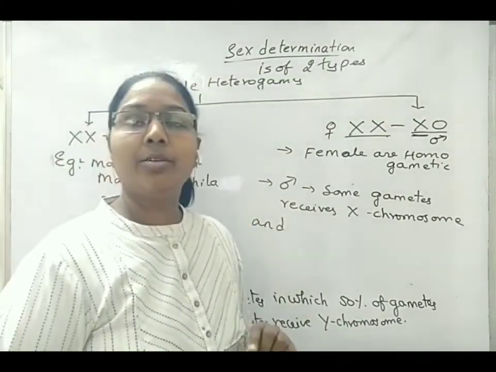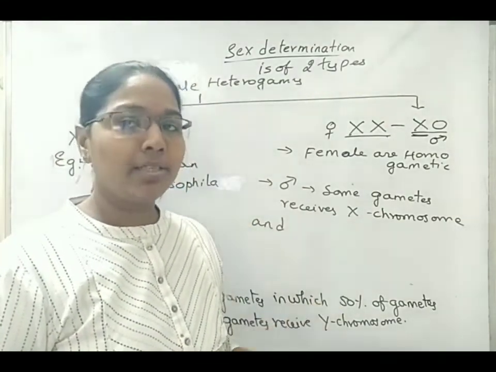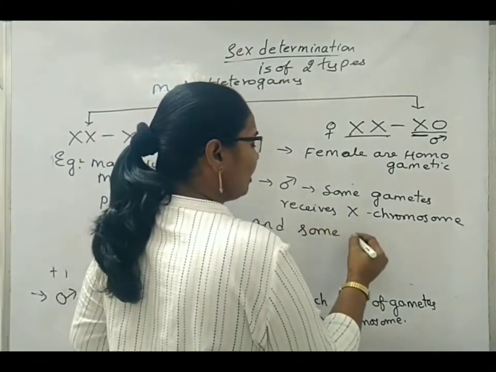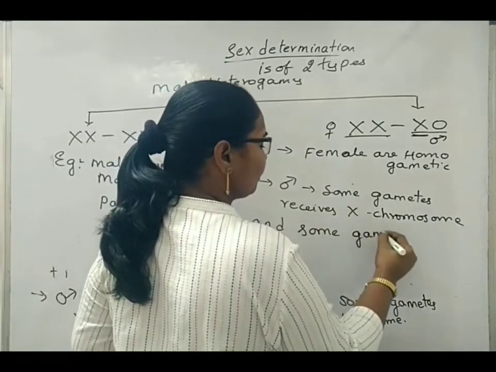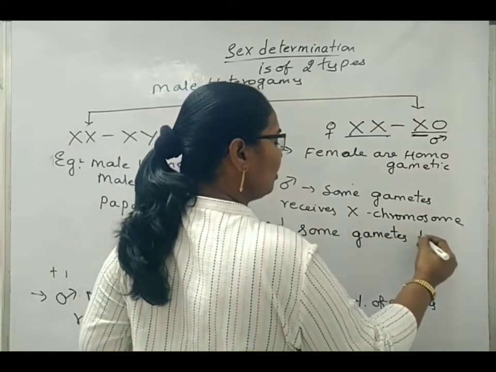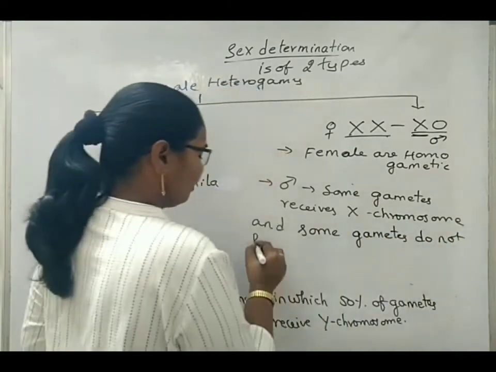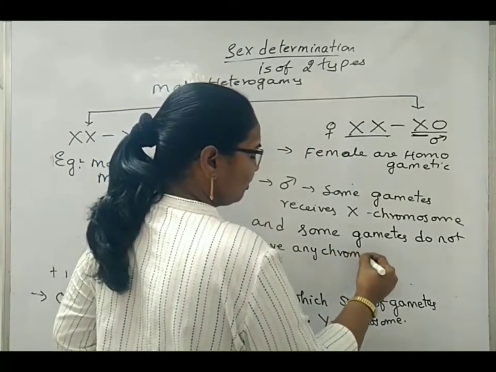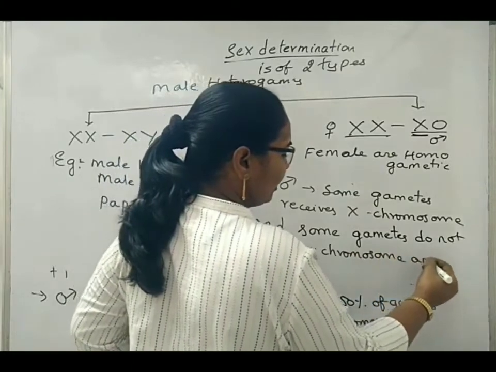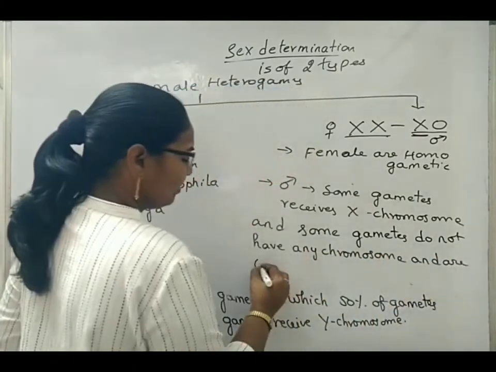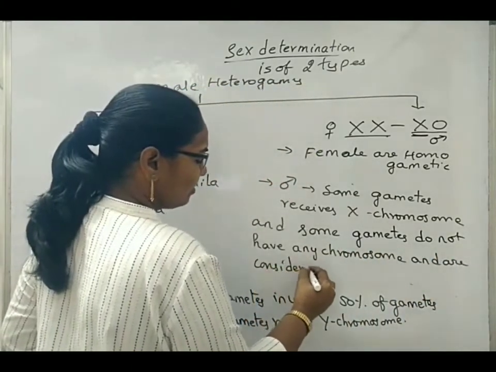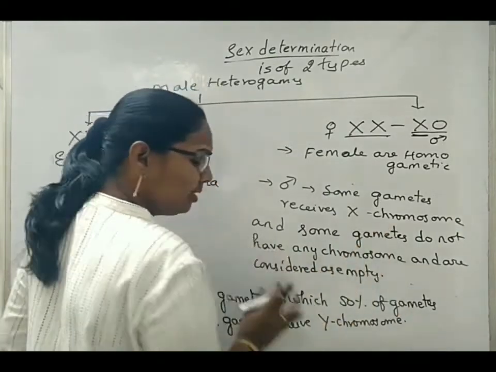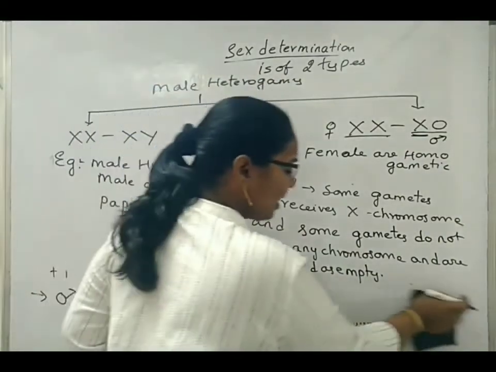That type of condition also determines the sex in case of grasshoppers. Some gametes do not have any chromosome and are considered empty. Here the example we can take is grasshoppers.